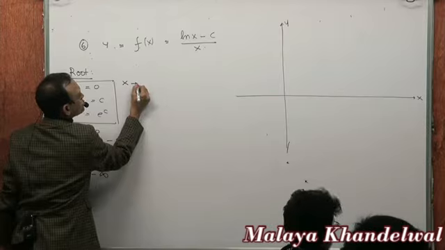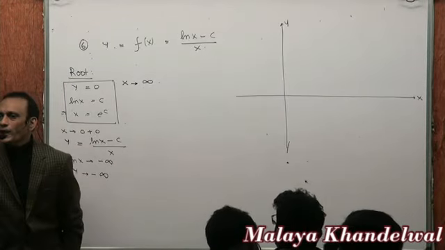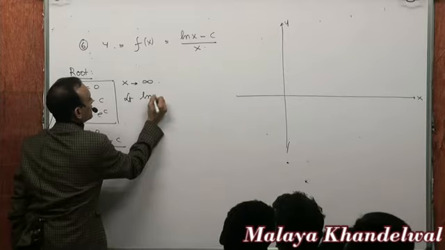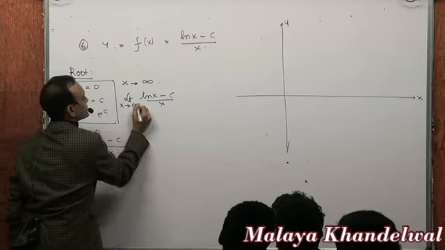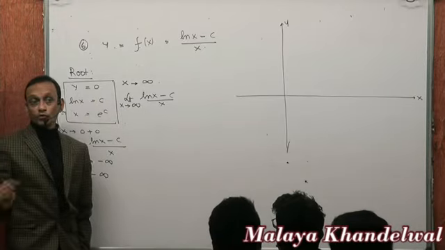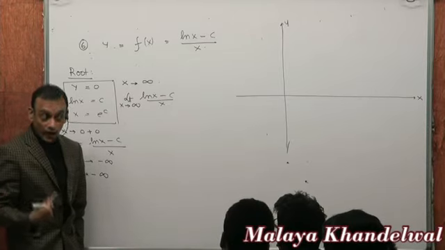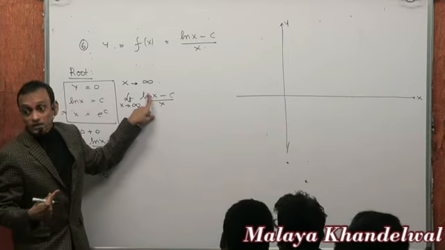as x tends to plus infinity, what happens to y? What is the limit of ln x minus c by x as x tends to plus infinity? The numerator also tends to infinity, the denominator also tends to infinity, but I have told you that a polynomial will increase faster than a logarithm.